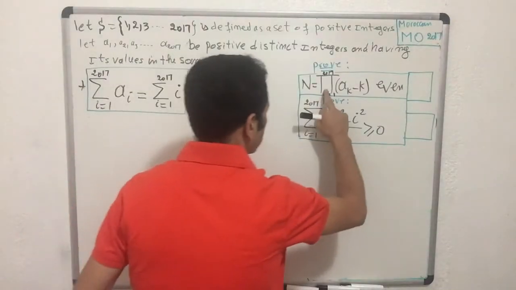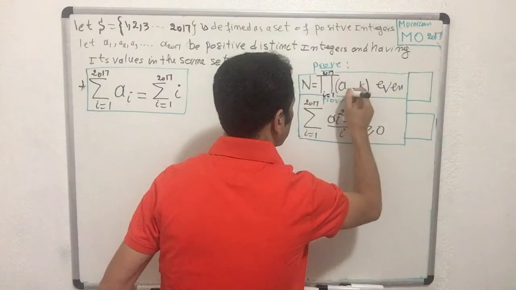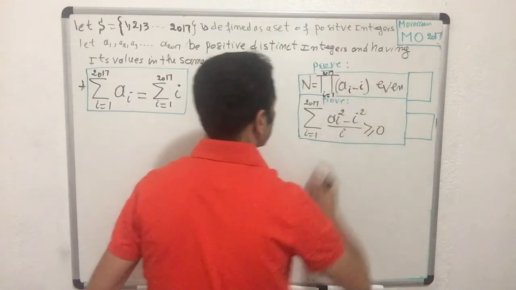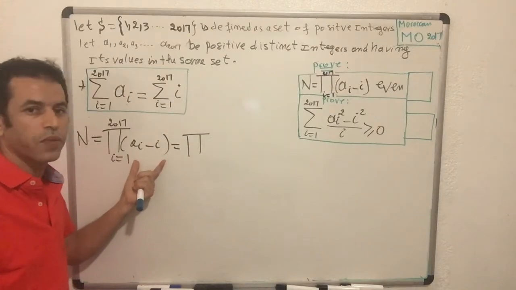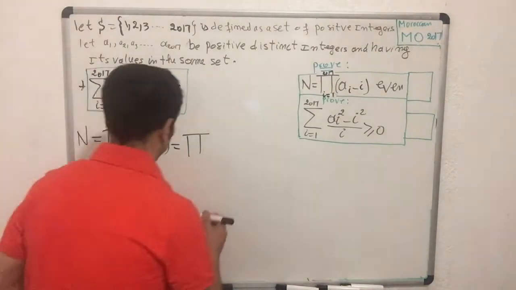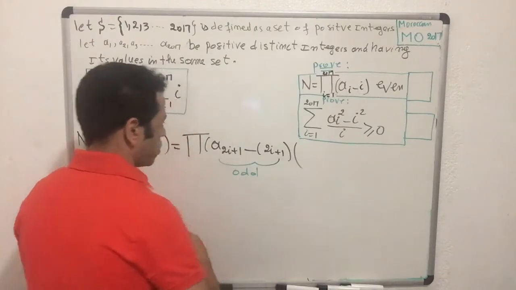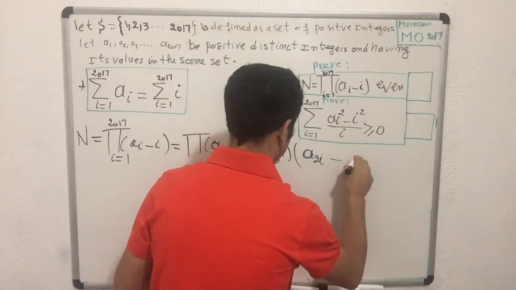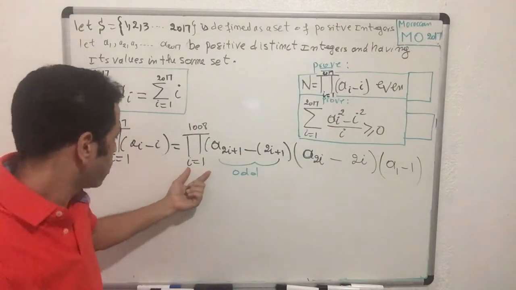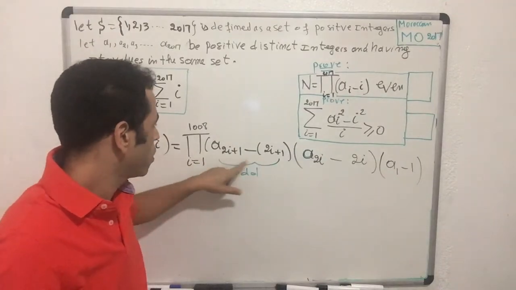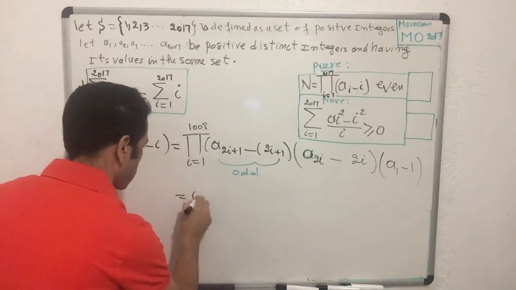Now this product, I'm going to change to i, because all the equations i equal to a minus 1.